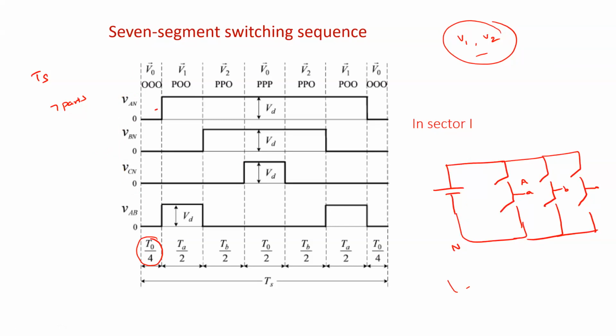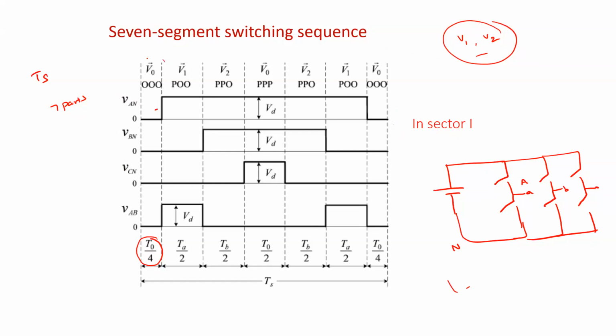So this is VAN, VBN and VCN. So this TS is divided into 3 parts, right? Such that ultimately you need to obtain these kind of terminal voltages.